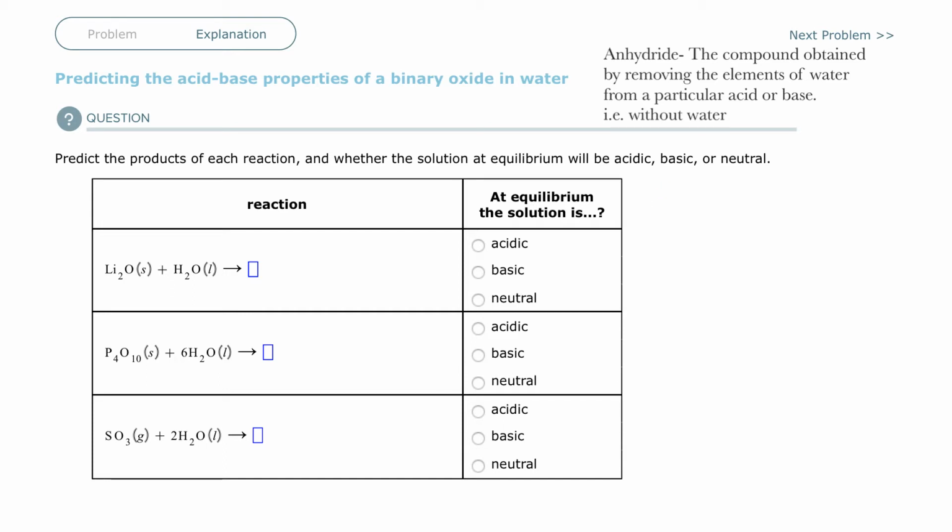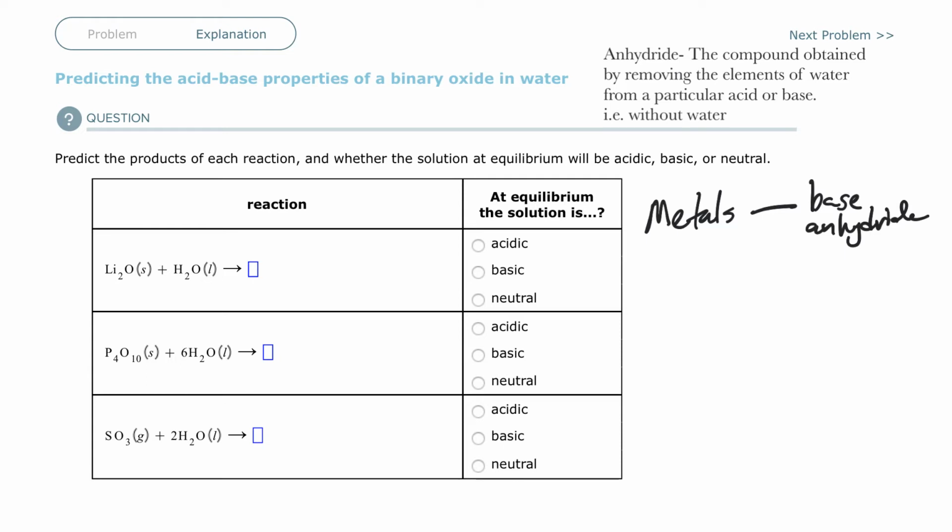Metals, like lithium, anything on the left of the periodic table, usually form base anhydrides. So it used to be a base, water was removed, and now if you add water again, it becomes a base again. Once it's a base, it does what bases do in water, and that's break apart.